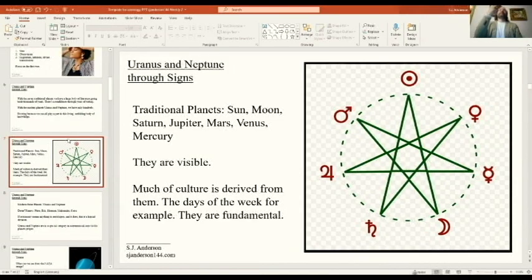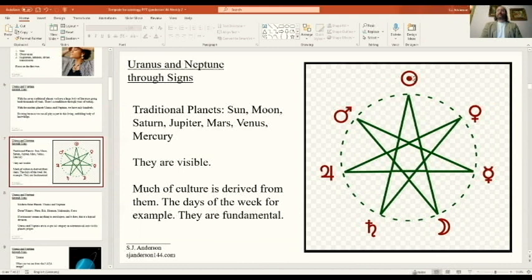But the thing about the 7 traditional planets is much of our culture is derived from them. They're fundamental in everything. In our language, we have nouns and adjectives derived from the planets. The Saturnine, Jupiterian, jovial, venereal. But the days of the week, I think, is the best example of just how fundamental the planets are. And here's a drawing.